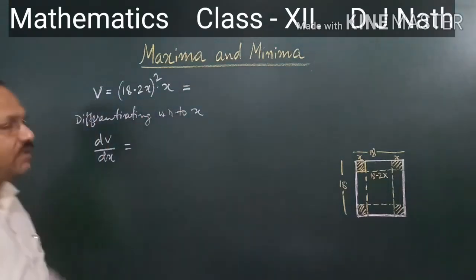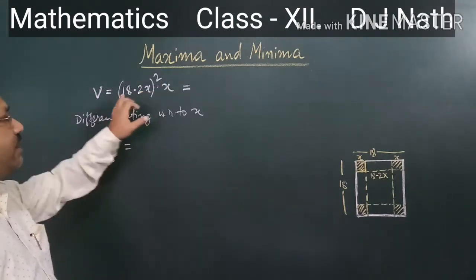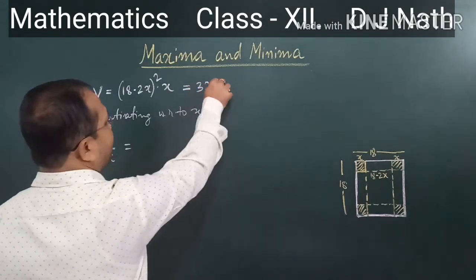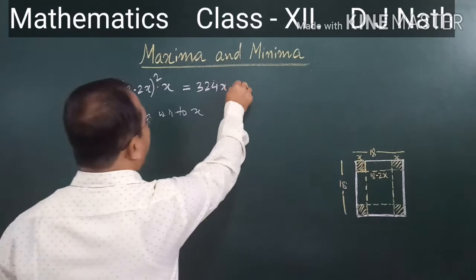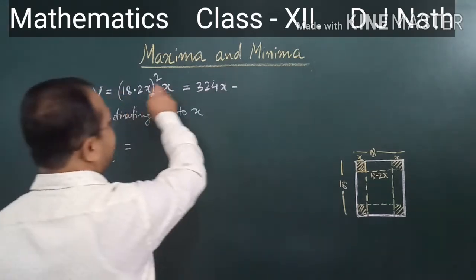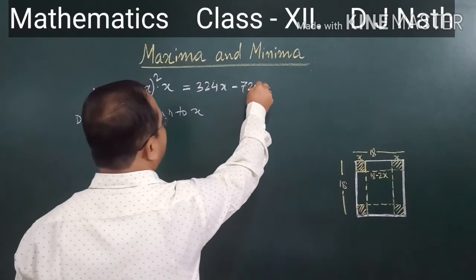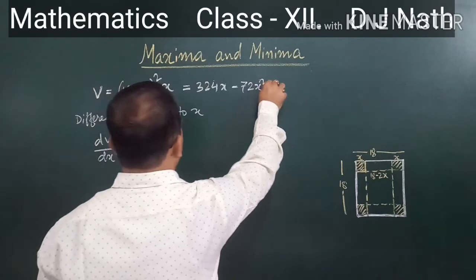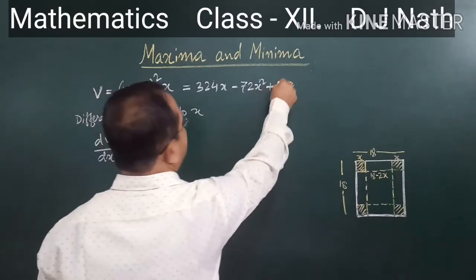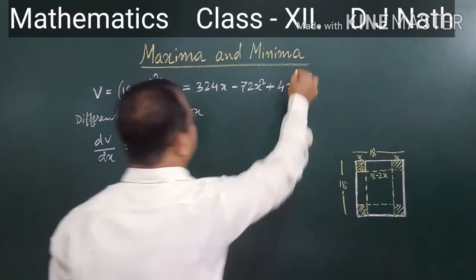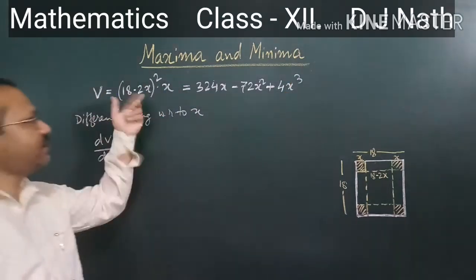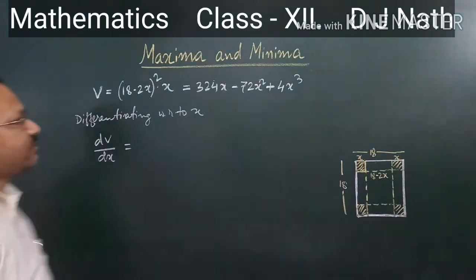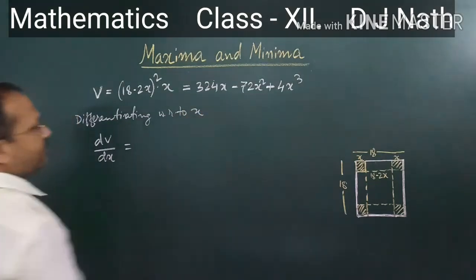If it is (18 minus 2x) whole square, so (a minus b) whole square: 18 square is 324, into x, minus 18 times 36 into 2 is 72 x square, plus 4x cube. So if we expand it, differentiation will become easier.